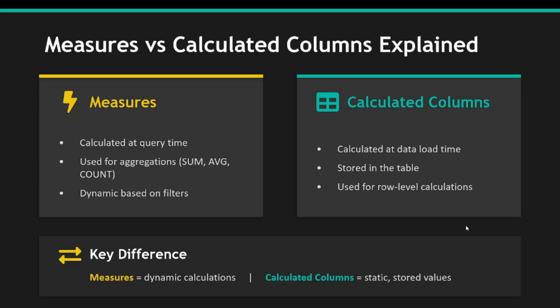Calculated columns are static, they are fixed at data load time and stored in the table, making them best for row by row computations and creating new attributes that can be used for filtering or grouping. As a general best practice, prefer measures over calculated columns whenever possible because measures are more memory efficient and more flexible for interactive reporting.